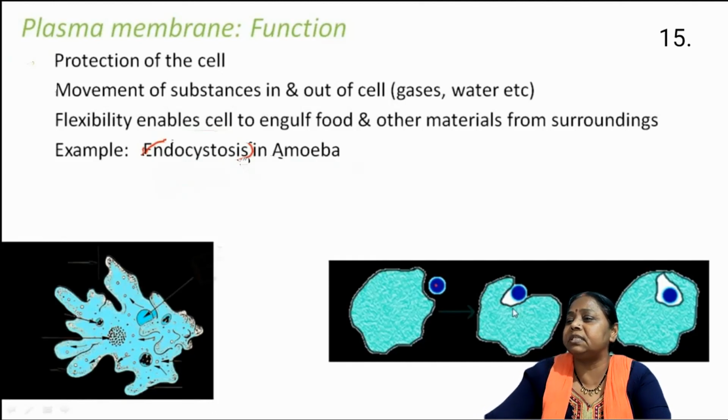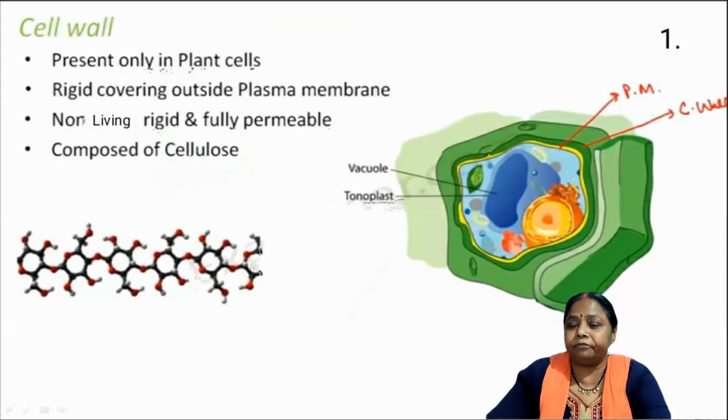And finally, you see, children, it is very flexible and it helps in the engulfing of food, and this process is termed endocytosis.